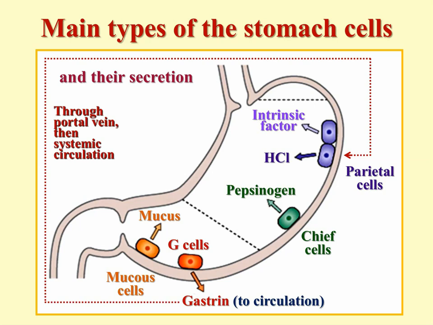And gastrin provides its main effect by stimulation of parietal cells, and it increases secretion of hydrochloric acid. So when some parts of food, some substances in the chyme stimulate G cells, they secrete gastrin in response, and gastrin stimulates secretion of hydrochloric acid in the stomach body.